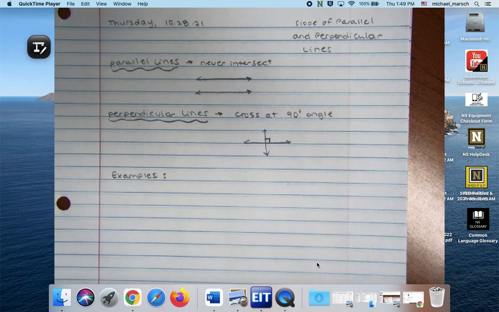Do you guys have any graphs in your binders? Does everybody have two graphs? Everybody has two? That's perfect.